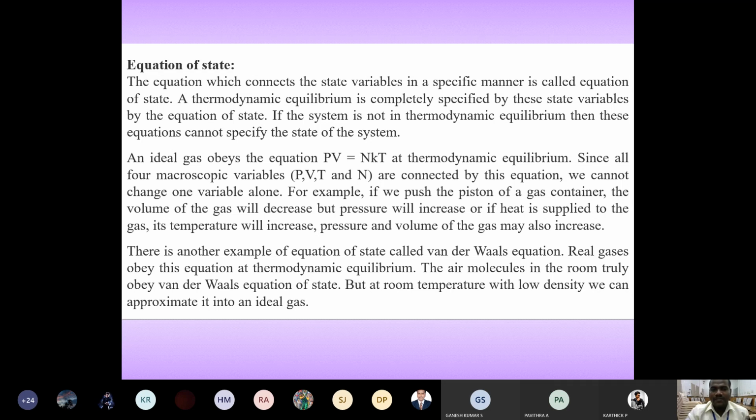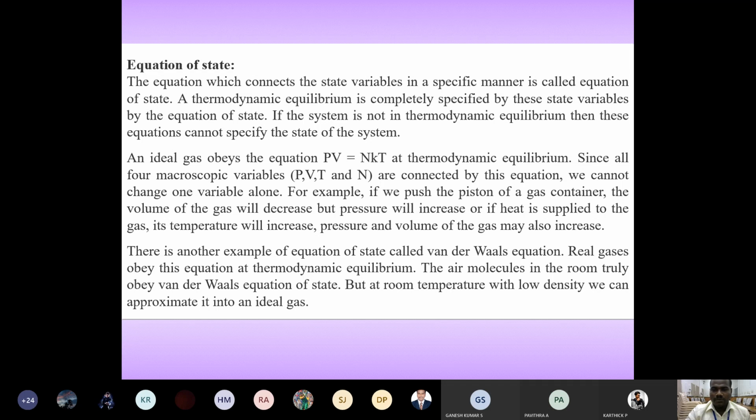There is another example of an equation of state, called the van der Waals equation. You have studied the van der Waals equation in physics. Real gases obey this equation in thermodynamic equilibrium. We will discuss ideal gases in thermodynamics, so you have to know what the van der Waals equation is.